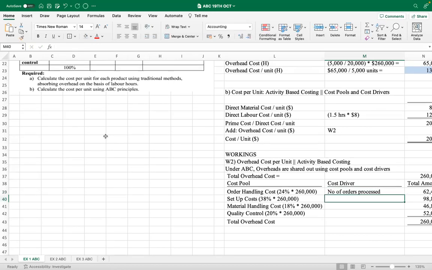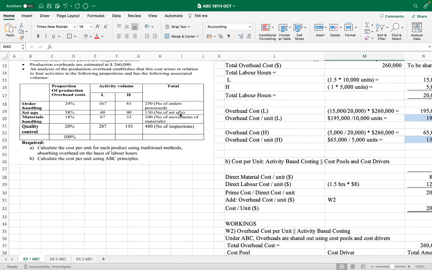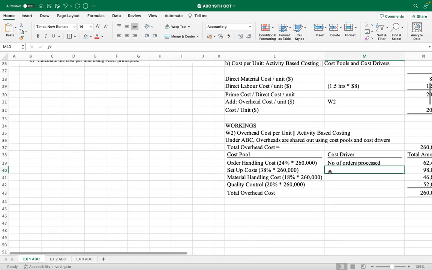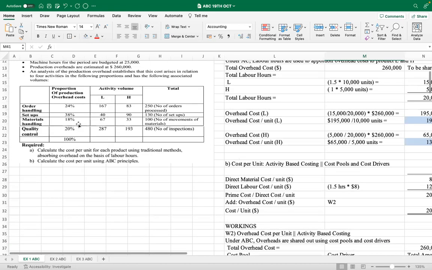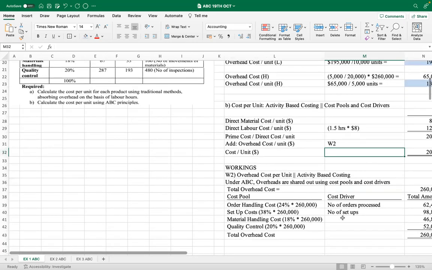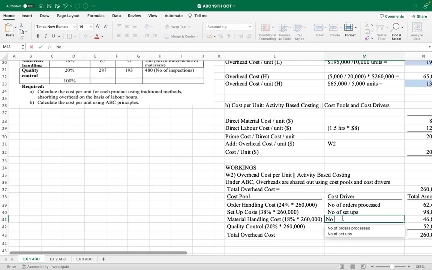The next one, setup costs, you are given number of setups. The next one, material handling cost, was number of movements of materials.